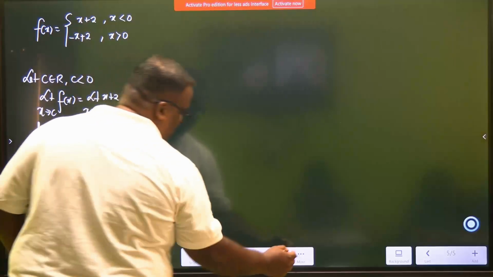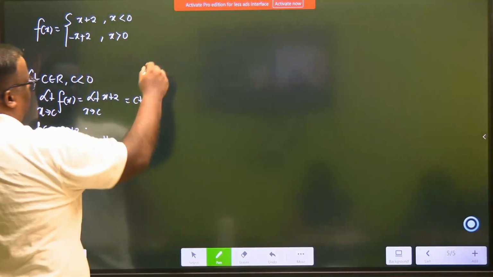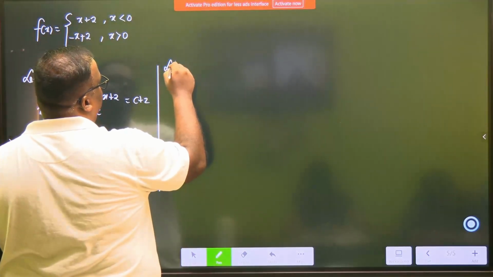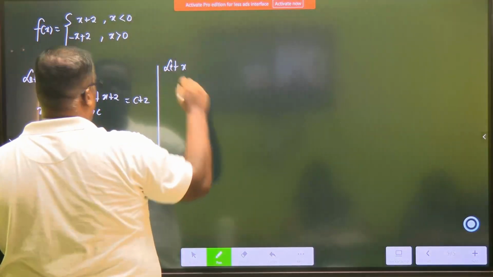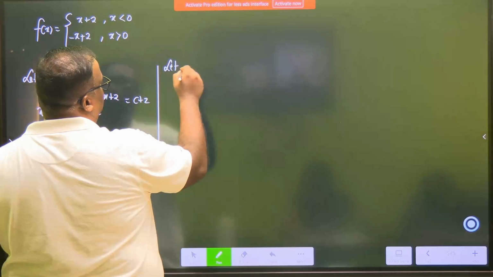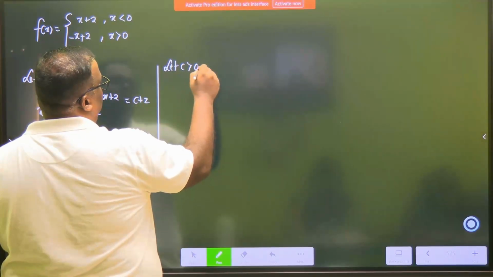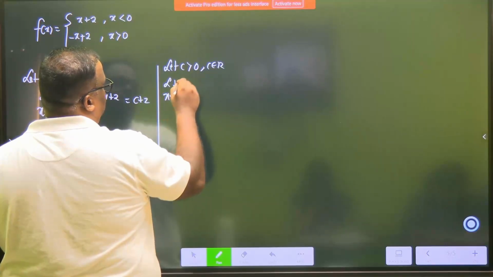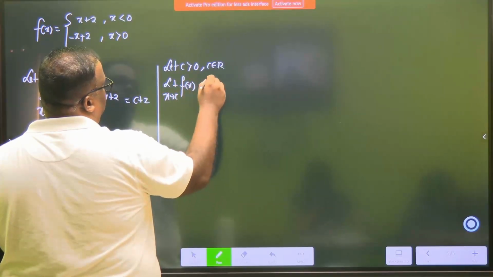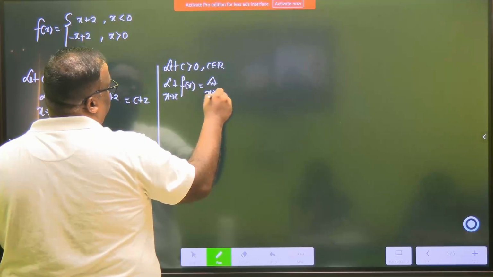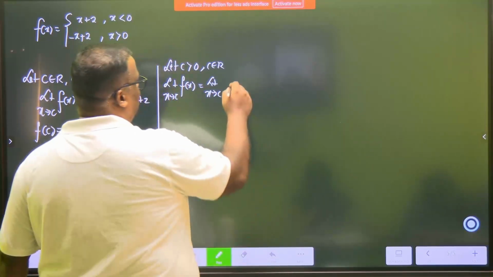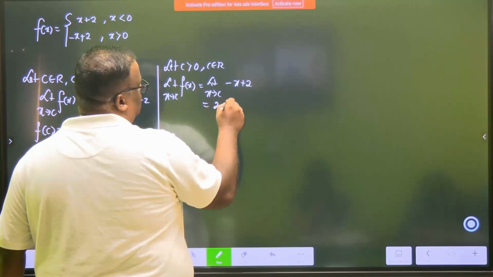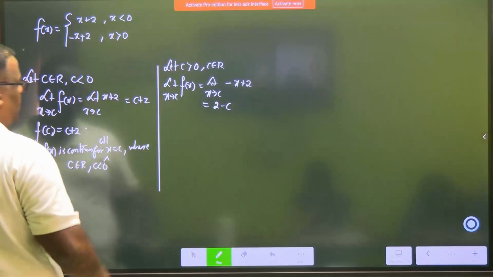Okay, so let's take one more example now. This is the proper way of writing actually. So for the next one, let C be greater than 0 and C belong to R. Limit x tends to C of f of x is limit x tends to C. Now we are greater than 0, so our value will be minus x plus 2, which is 2 minus C. Agreed?